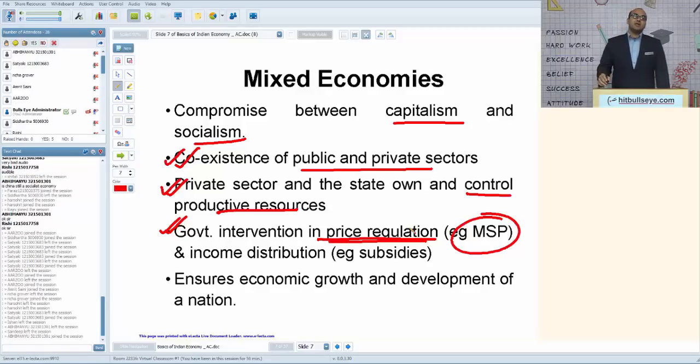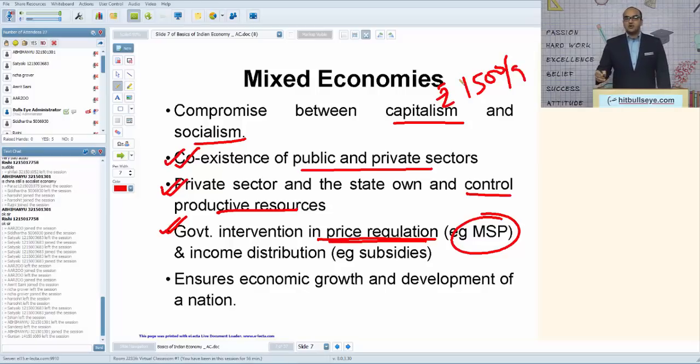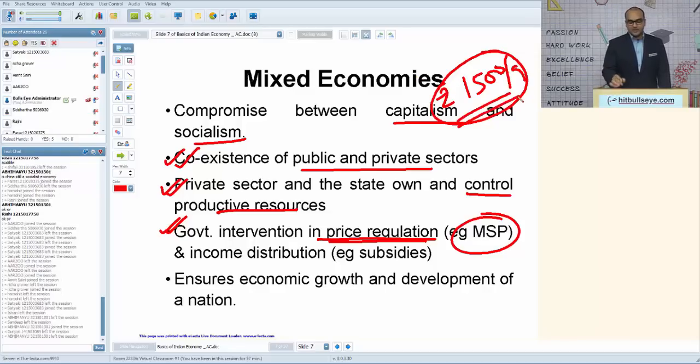So the government at the beginning of each harvest season says, let us say, the MSP of wheat is rupees 1500 per quintal. If a farmer is not able to sell his supply of wheat, then the government promises that it will purchase his produce at this particular rate.